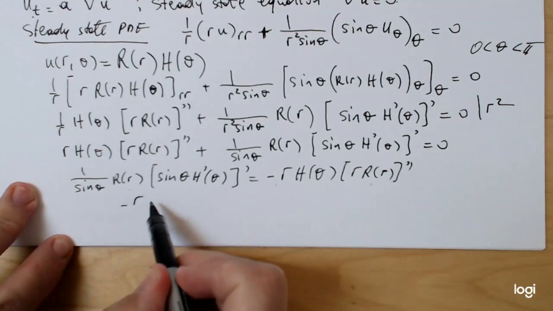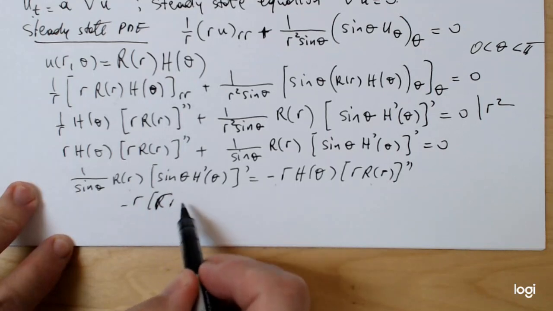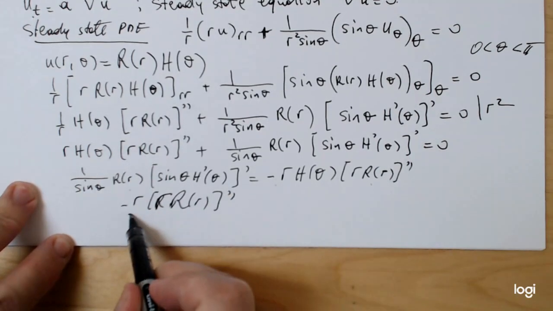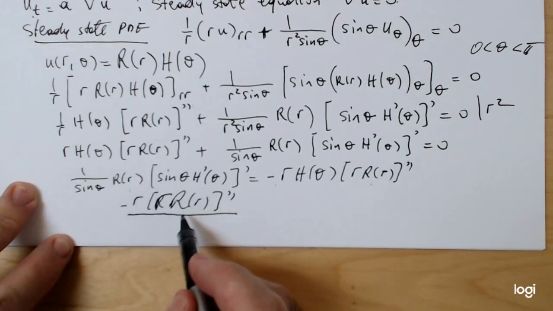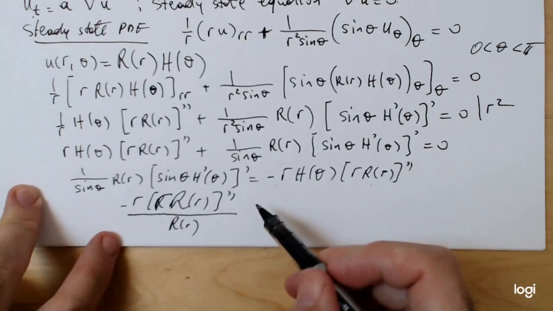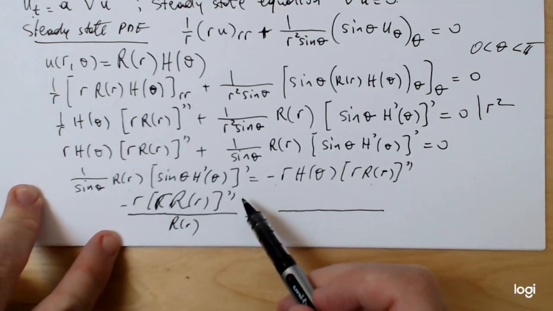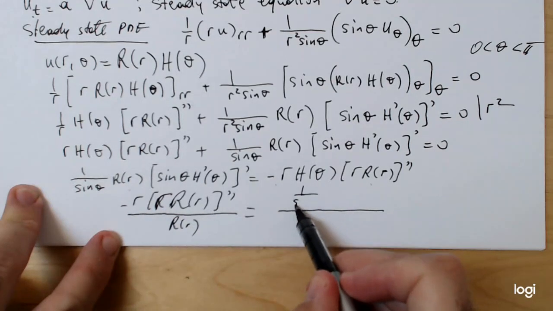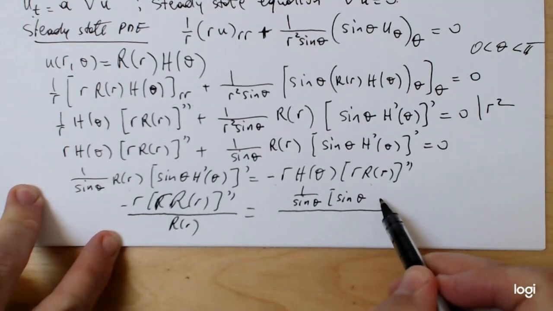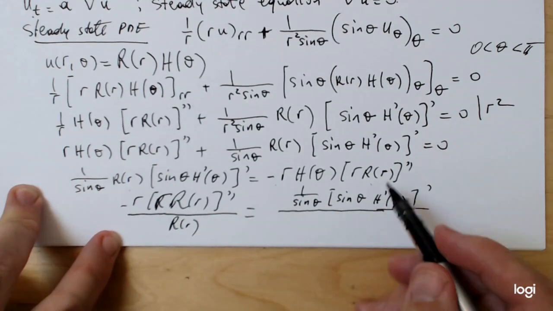So minus r, quantity r, little r, big R of r, over big R. We're going to write it again on the next page. And on the right hand side, 1 over sine of theta, h prime of theta, prime over h of theta.